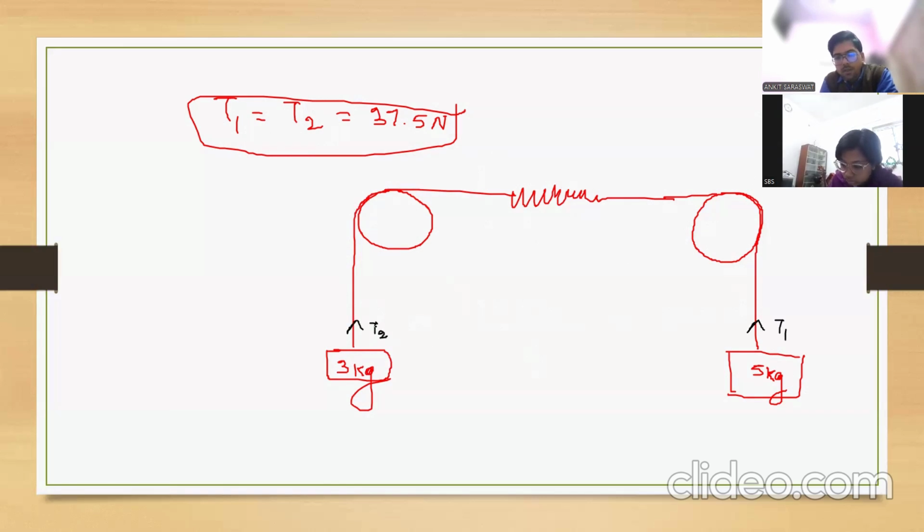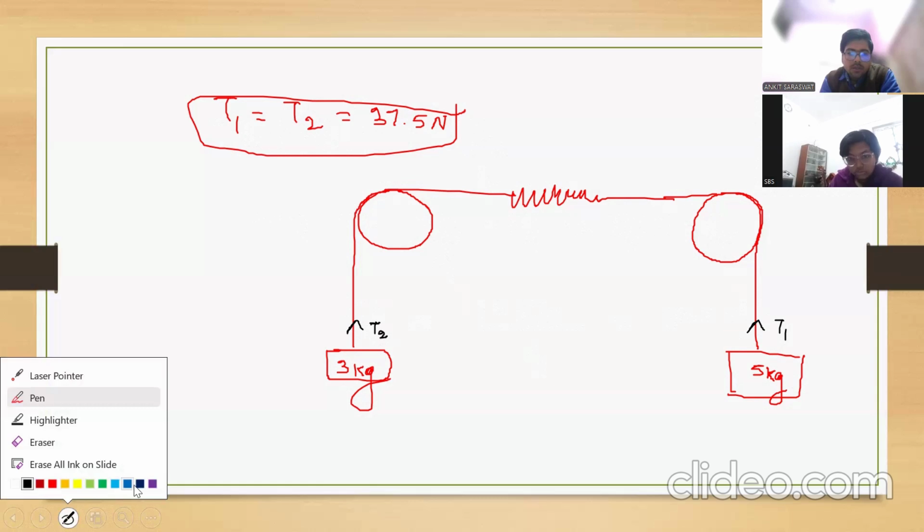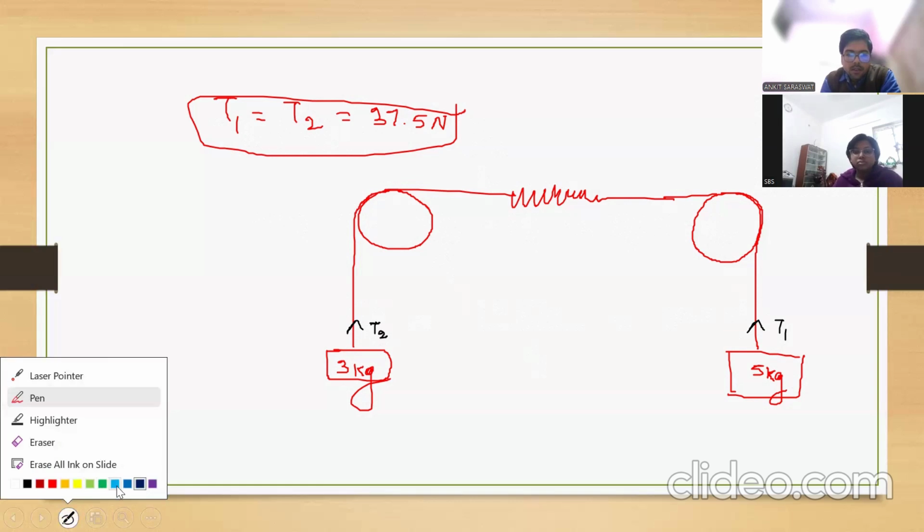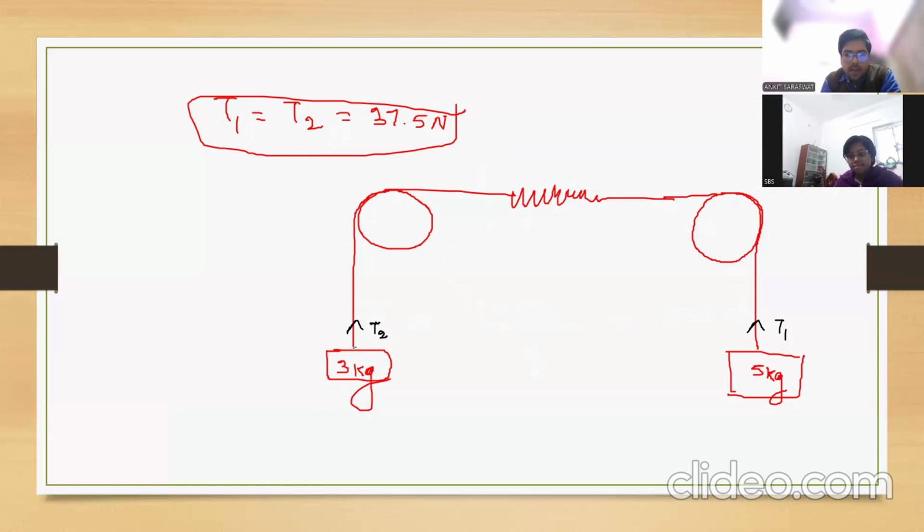Clear? Up to this, if you look at this diagram, this is T2 in this entire string. This is one row. Then this is a different component, okay? This is spring, a separate string. That's why the tension is different. Is it clear? Yes, sir.